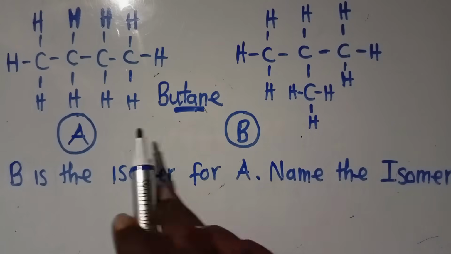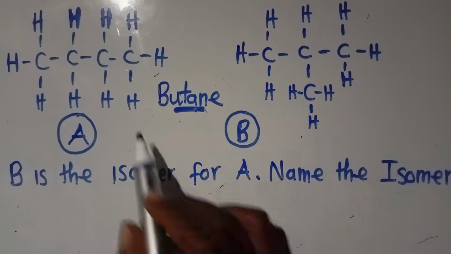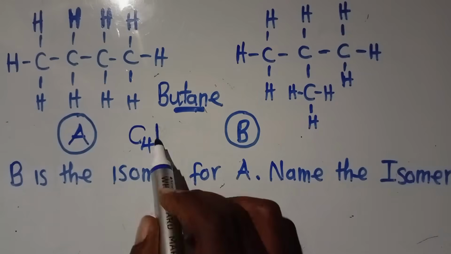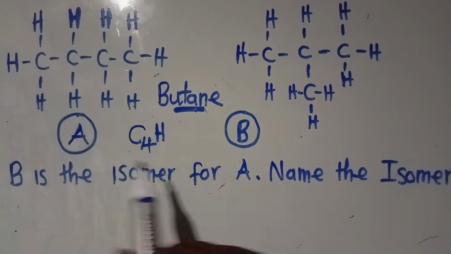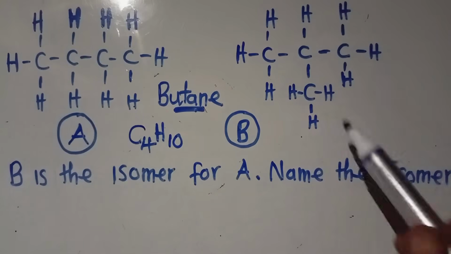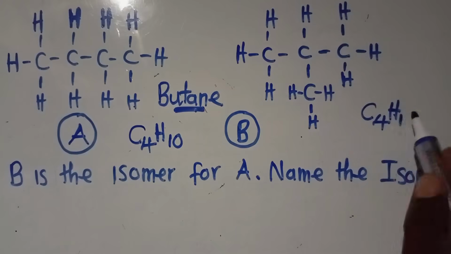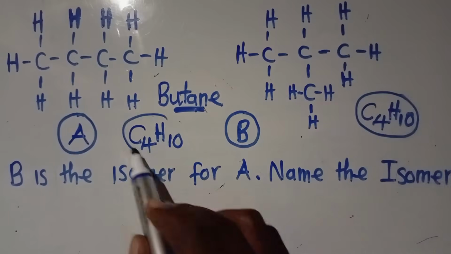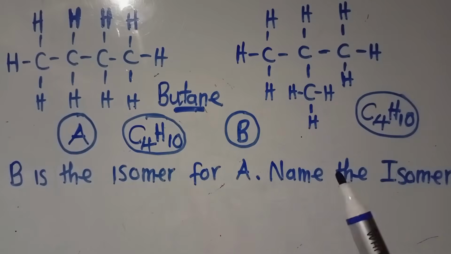If you look at these two, the chemical formula is just the same: C4, 4 carbons, and hydrogens 2 times 4 plus 2, which is 10. Even this one is going to have C4H10. So same chemical formula but different structural formulas. These are isomers.